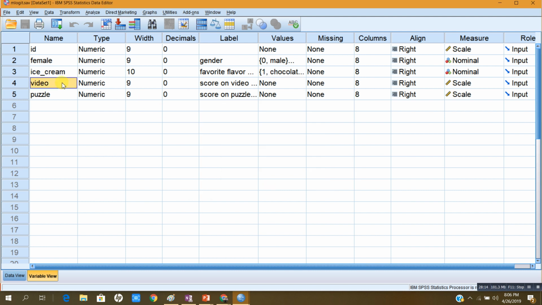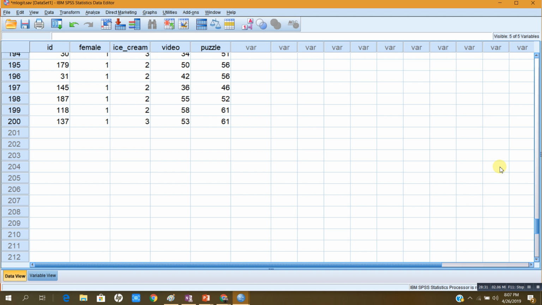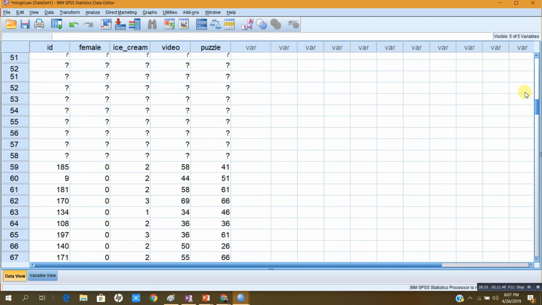Now let me show how we can run the multinomial regression model. Let me go to the top of this data. I'll go to Analyze, and after that I will go to Regression, and here there are many choices.